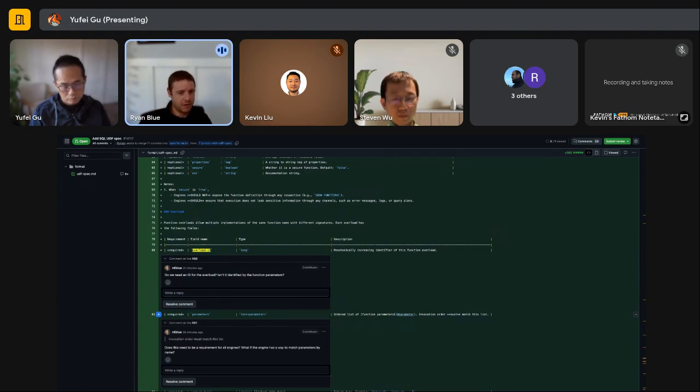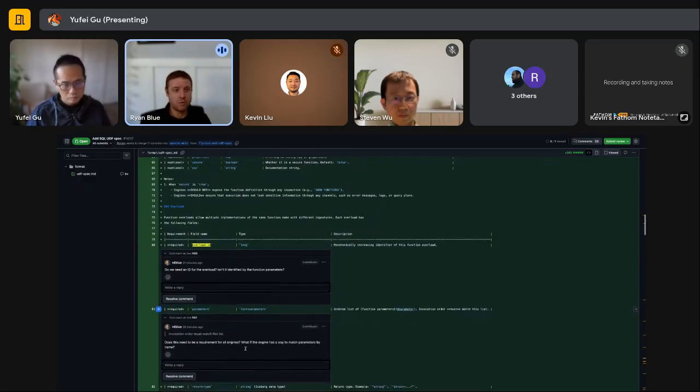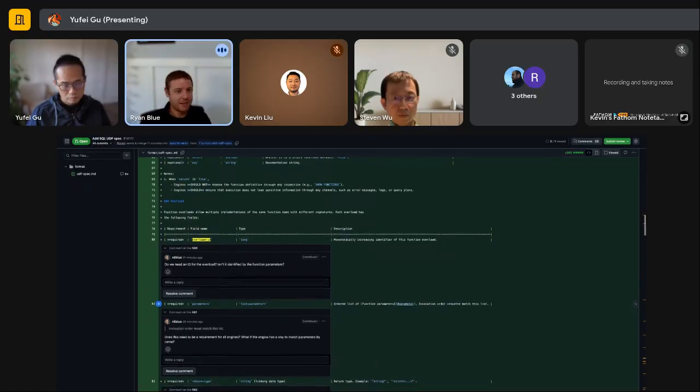For example, there's the section where we're talking about these things being immutable. Well, immutable with respect to what? Is it immutable with respect to the overload ID? And if you want to make changes to those things, you have to create a new overload ID. That sort of uncertainty is something we want to clarify.